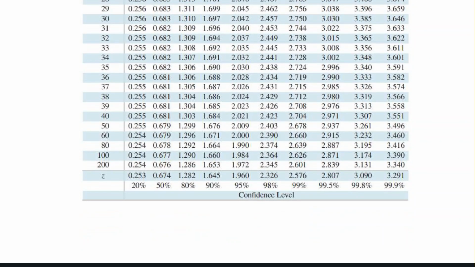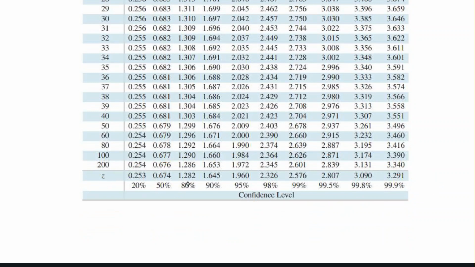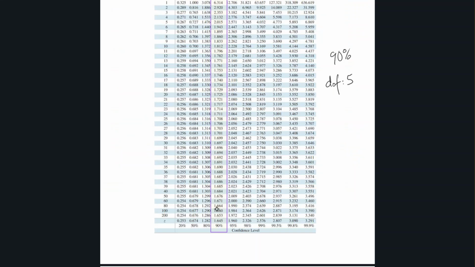But I think what would be easier is to come here and say, okay, if we're interested in a 90% confidence level, that would include this entire column, and you kind of visually highlight it. If it's on your paper, you can put two pieces of paper next to it to cover up everything else except that. So this entire column is for the 90% confidence level.